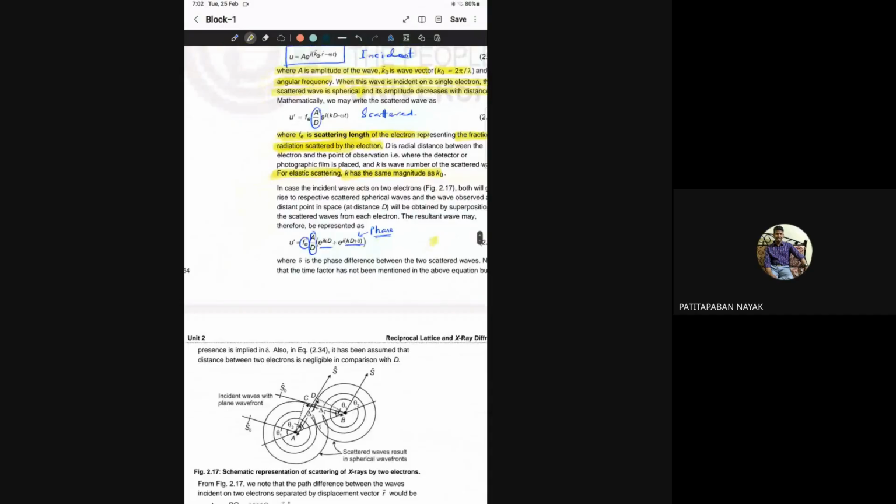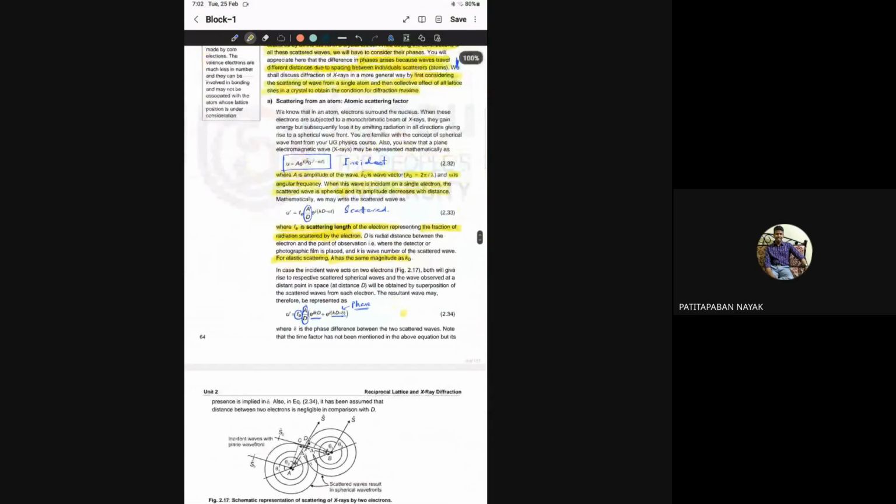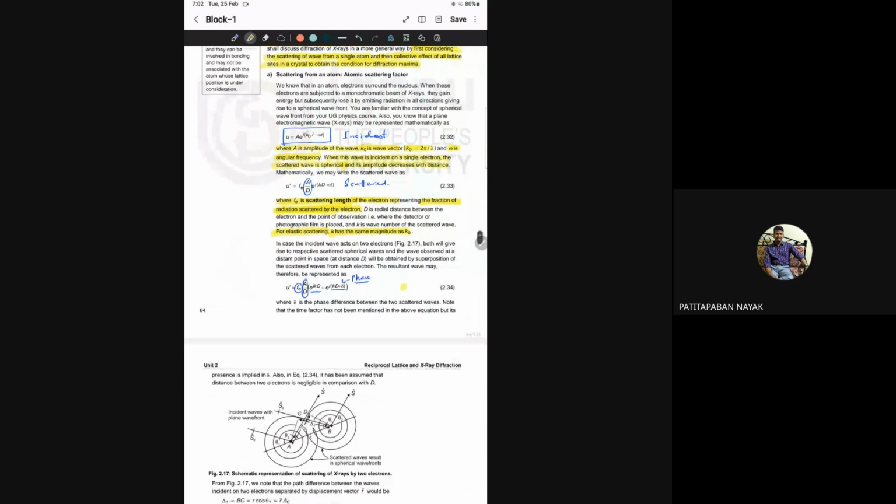What will happen if we add these two? We'll see. Delta is the phase difference between the two scattered waves. Note that the time factor has not been mentioned in the above equation, but its presence is implied in delta.